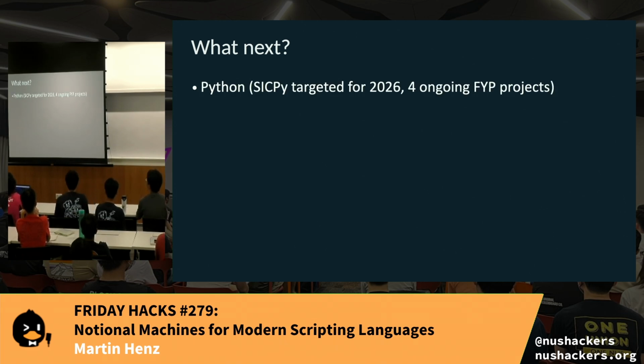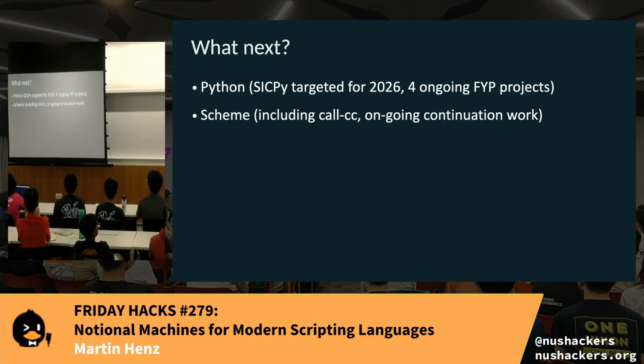At the moment, I'm working with a bunch of students to extend this framework to other languages. We have four ongoing final year projects where we come up with an environment in which we can run Python programs in the same way as you have seen just now with JavaScript programs.